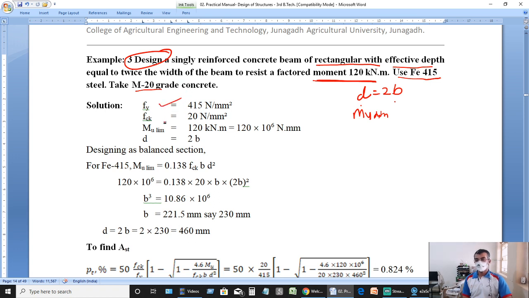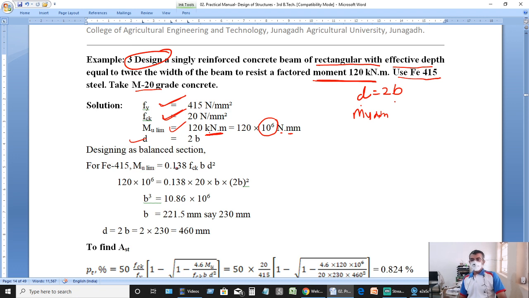So Fy is 415, FCK is 20, Mu limit is given, in kilonewton into meter. So convert into Newton and mm. So you need to multiply it with 10 raised to 6, and d is equal to 2b is given. This condition is given.